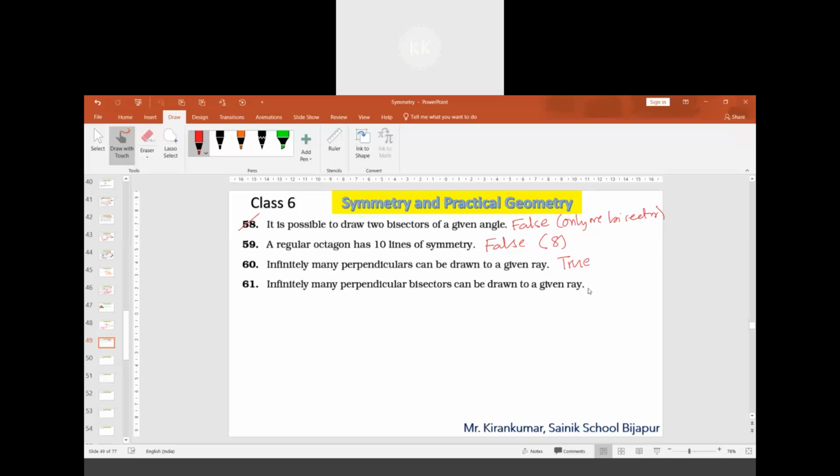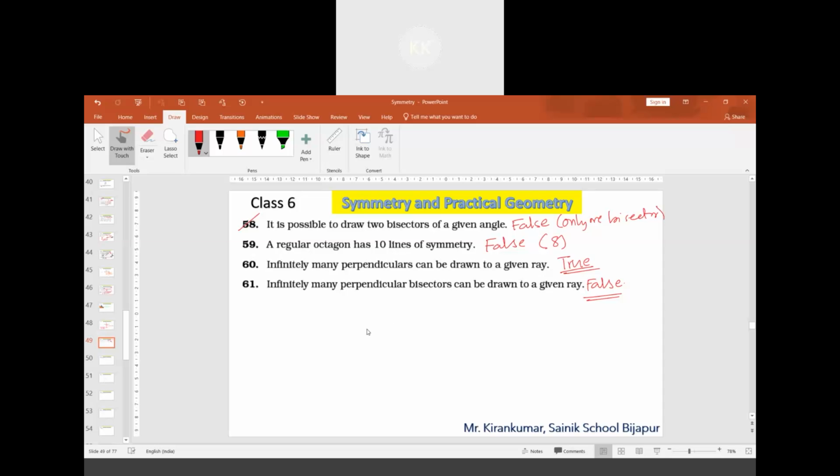No, this is a false statement, because a ray has one fixed point and on the other side it can be extended. So infinitely many perpendiculars cannot be drawn because the length is not final.